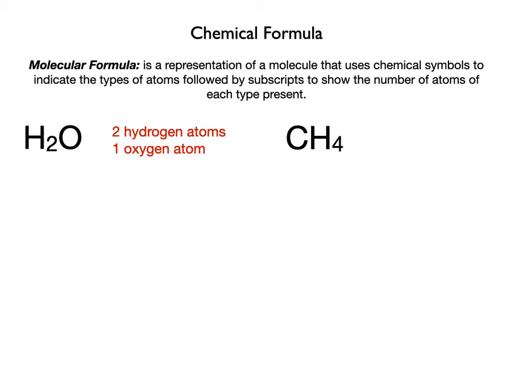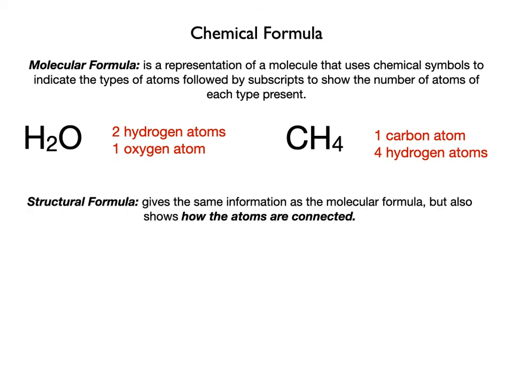If there's no subscript, then it's implied there's 1 of that type. So now we have CH4, which is methane. So this would contain 1 carbon atom and 4 hydrogen atoms all together in that molecule. So this is one way of representing the molecule by its molecular formula. We can also use the structural formula, and chapter 4 will start us drawing these, where we're going to show how the atoms are connected.